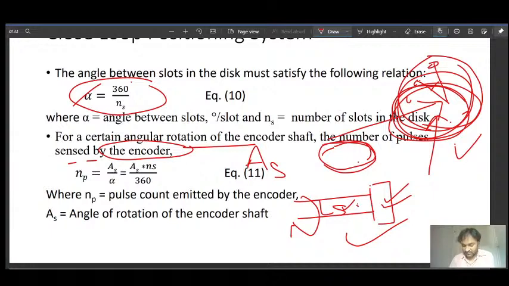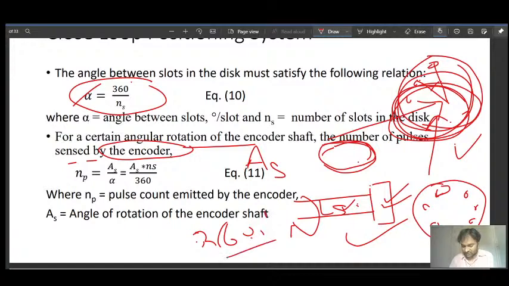As we know, if the encoder has ns slots, then for 360 degrees of angular rotation, it will cross ns slots.